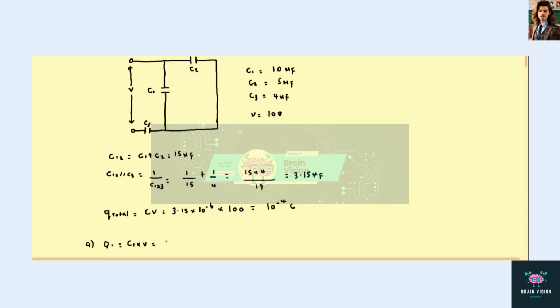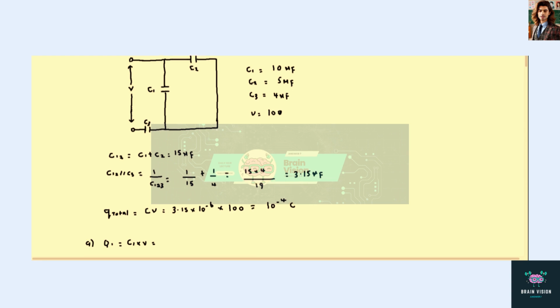C1 is 10 microfarads, and the voltage is 100, so times 100.